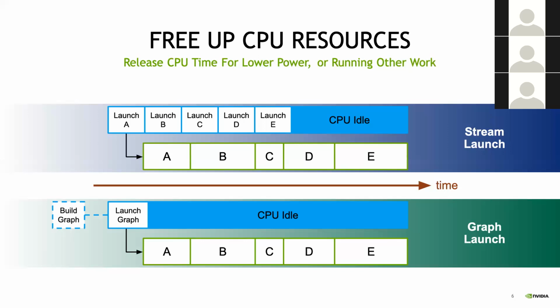This is contrasted to the stream example above, where the CUDA kernel launches are more piecemeal, and the CPU can be quite busy actually launching the work. This example is not to any particular scale and shows that if your kernel execution time is longer than the launch overhead by a bit, you can still benefit from the freed CPU resources.